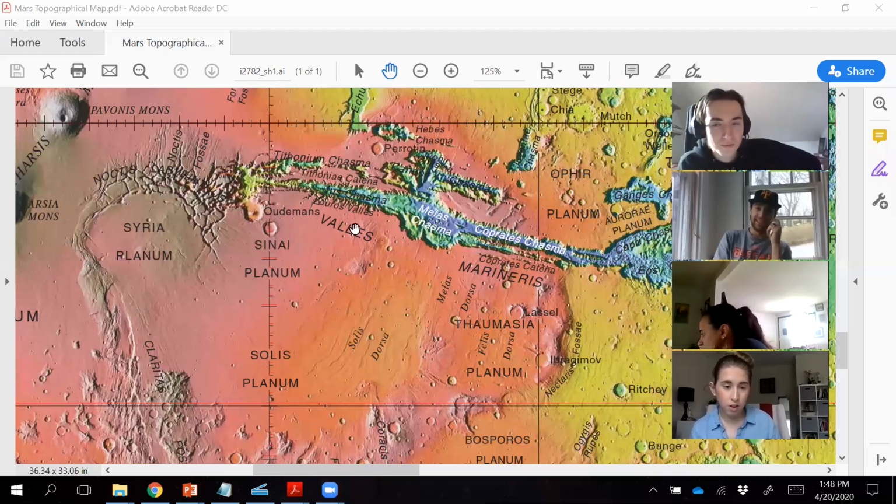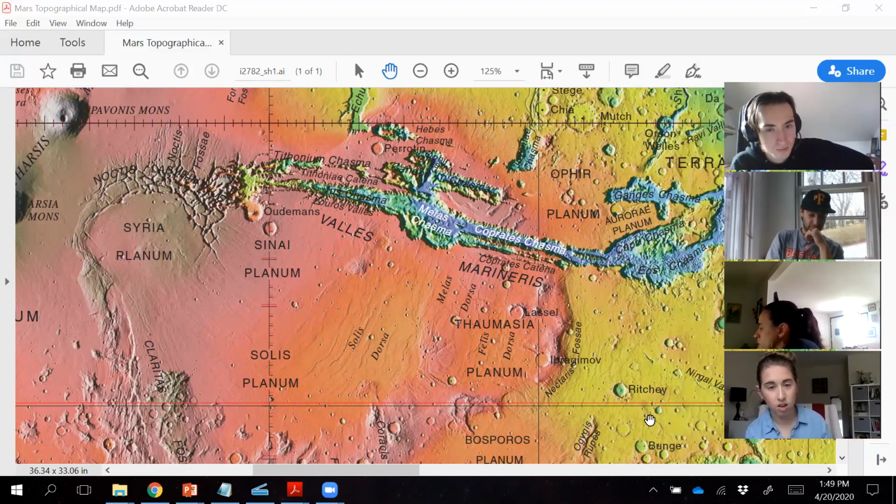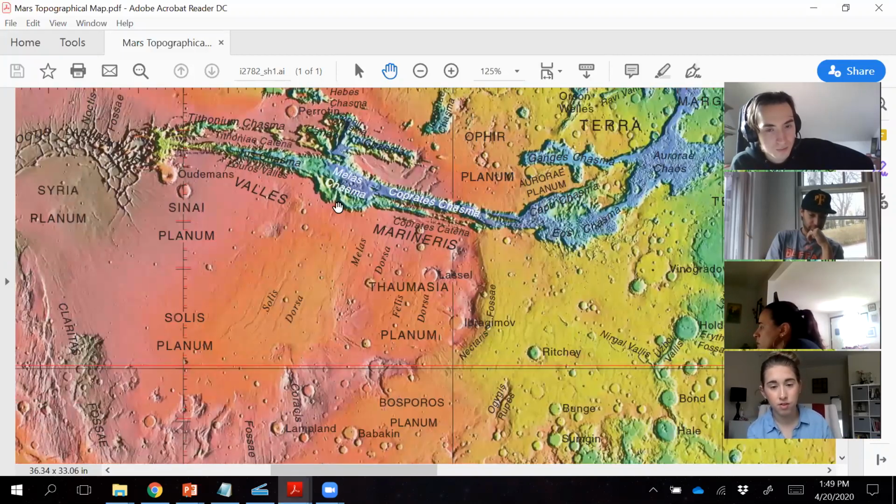It's something like 14 times longer and 17 times deeper than our own Grand Canyon. By the way, it's not named after marinara sauce, but after the Mariner spacecraft, which first imaged and explored it.